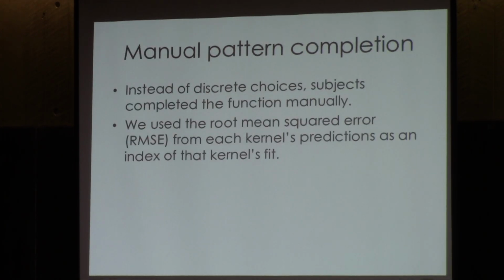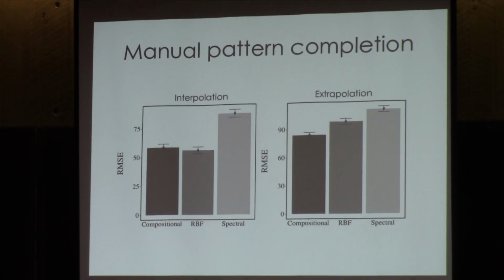All right. So the next experiment we did is instead of having people do forced choices between functions, we had people actually draw the completions. And now, instead of looking at proportion correct, we're looking at the root mean squared error from each kernel's predictions as an index of that kernel's fit. And what we find for interpolation, interestingly, is that the compositional function doesn't do better than the radial basis function.